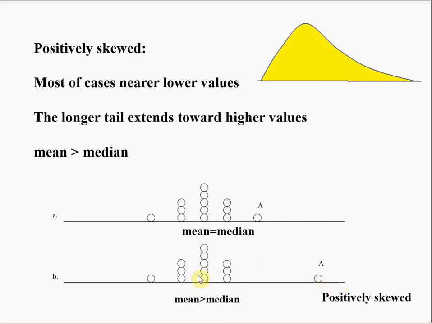So the mean for this data set is larger than the mean for this data set. But the median between the two data sets is the same. This is the median of this data set. This is also the median for this data set. On both sides of the median, you have an equal number of cases.